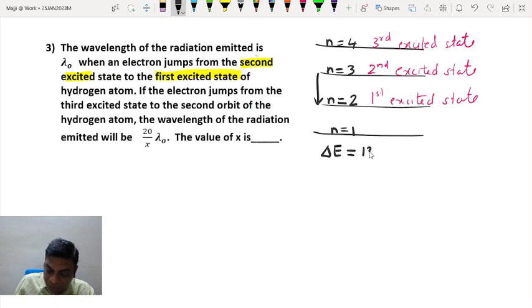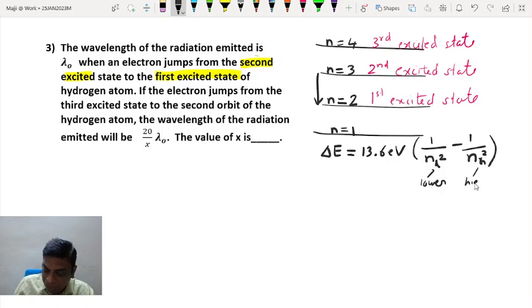For a hydrogen atom, it is 13.6 electron volt multiplied by 1 upon n of the lower orbit in which it comes, minus 1 upon n of the higher orbit from which it drops. And this energy is nothing but hc by lambda, because we have to calculate in terms of wavelength, lambda.